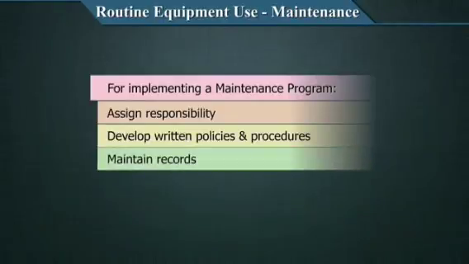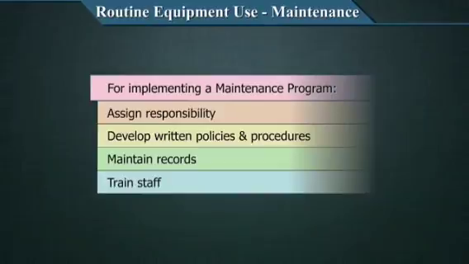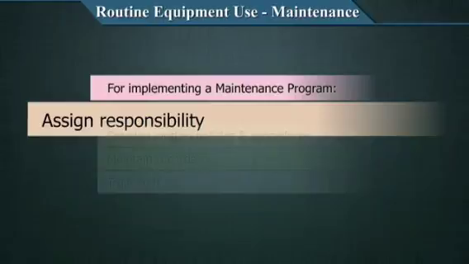You have to maintain records and training of staff, of course. All of them are very key aspects of your implementation of your maintenance plan. Assigning responsibility: generally, it is assumed that the frontline staff responsibility is for the person who is authorized to do the work on the equipment or his deputy.